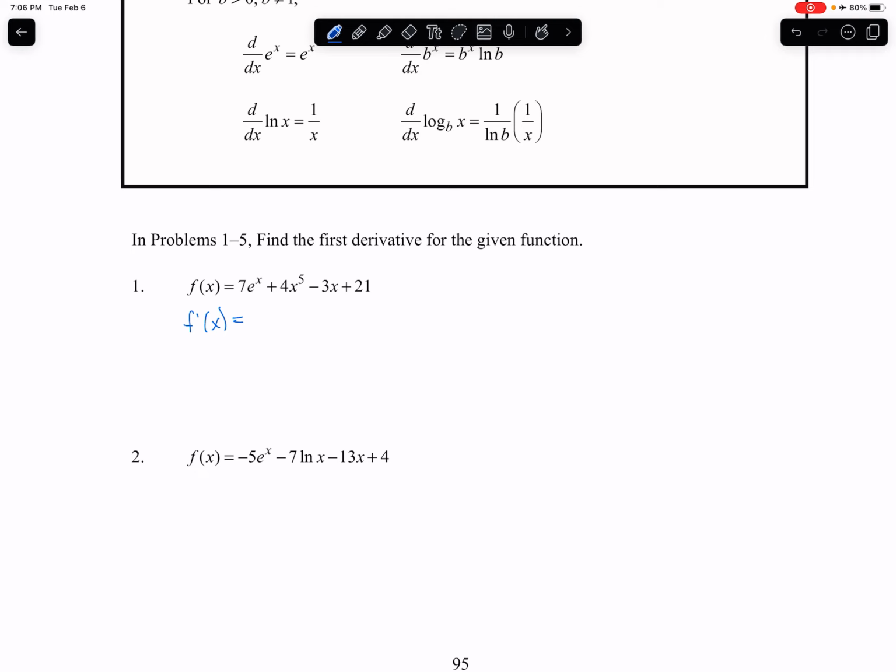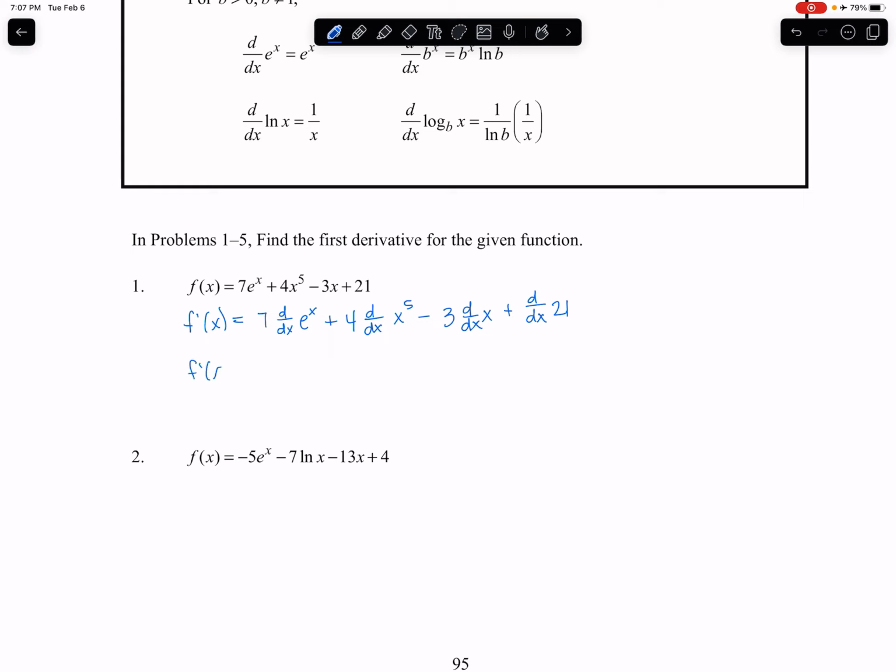We're taking the constant 7 times the derivative of e to the x, plus the constant 4 times the derivative of x to the fifth, minus the constant 3 times the derivative of x, plus the derivative of 21.